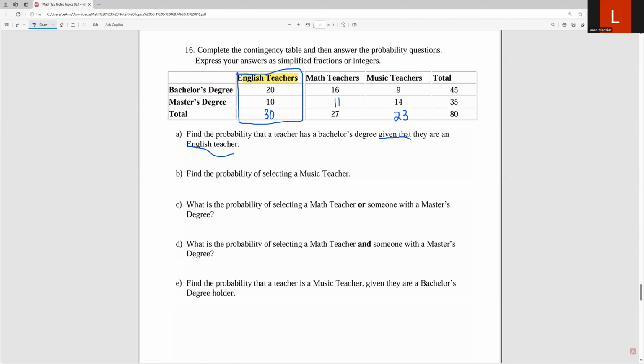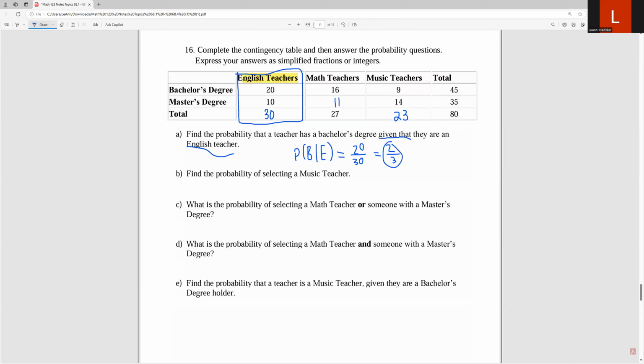So out of the English teachers only, what's the probability someone has a bachelor's degree given that they are an English teacher? There's only 30 total English teachers, and the ones that have a bachelor's degree was 20 of them. So again, that's a conditional probability. So that's why we're not using the 80. We're using just the group we were given.